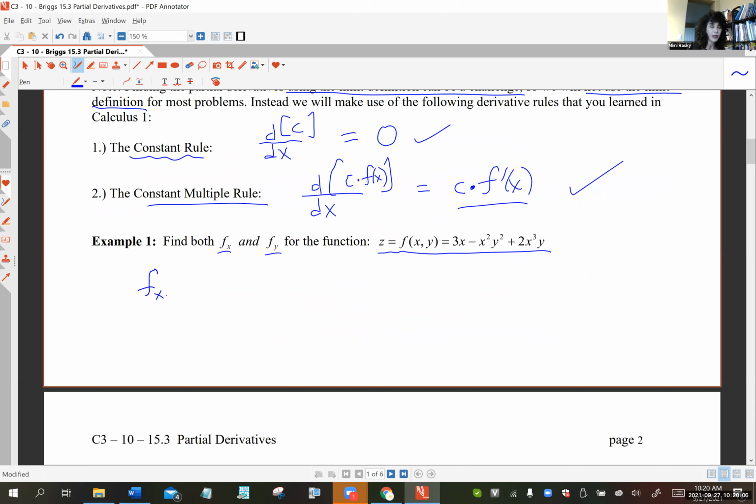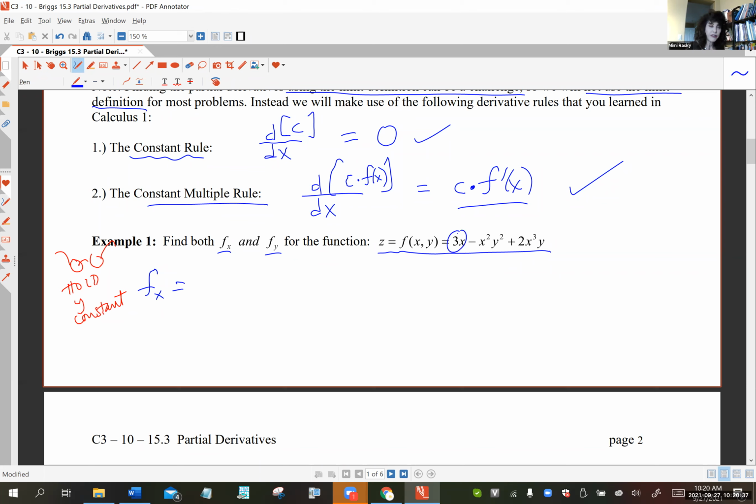When you find the derivative of a function with respect to x, and it's a function of 2 variables, you're going to put on a special set of glasses here. Here's your special set of glasses. And you're going to hold y constant. That means temporarily, every time you see the variable y, treat it as if it's a number, like 2 or something like that. Okay, treat it as if it's a number. Okay, keeping that in mind, here we go.